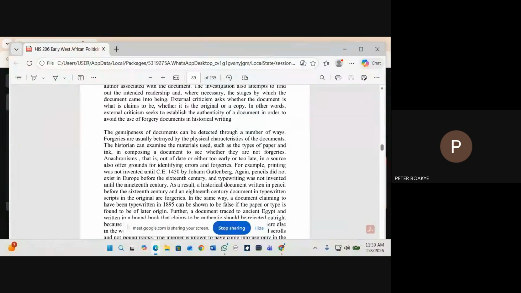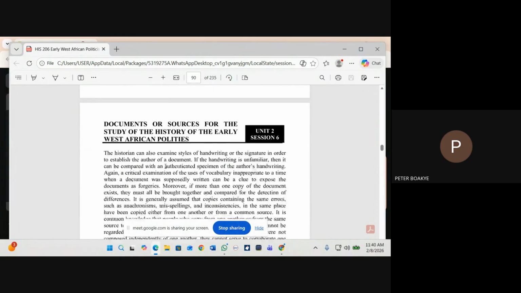Now, the genuineness of a document can be detected in a number of ways. Forgeries are usually betrayed by the physical characteristics of the document. So we need to check whether they are forgeries or anachronistic. For example, a document written in ink at a time when ink pens had not even been invented is anachronistic.